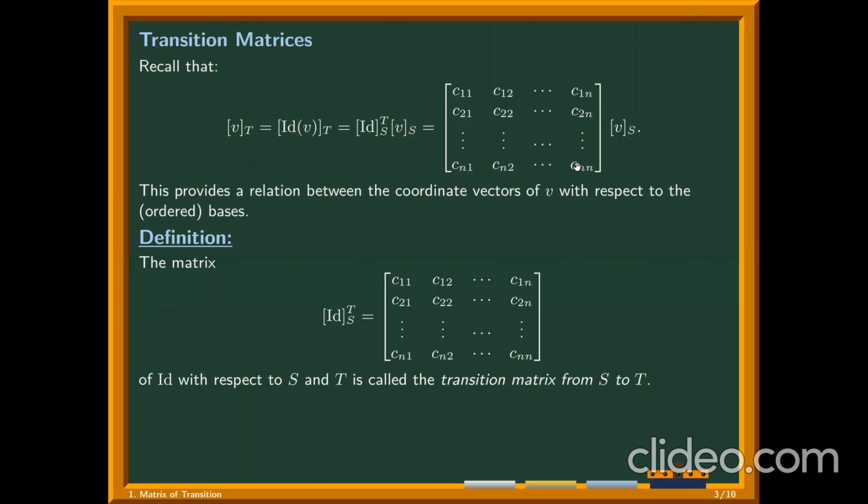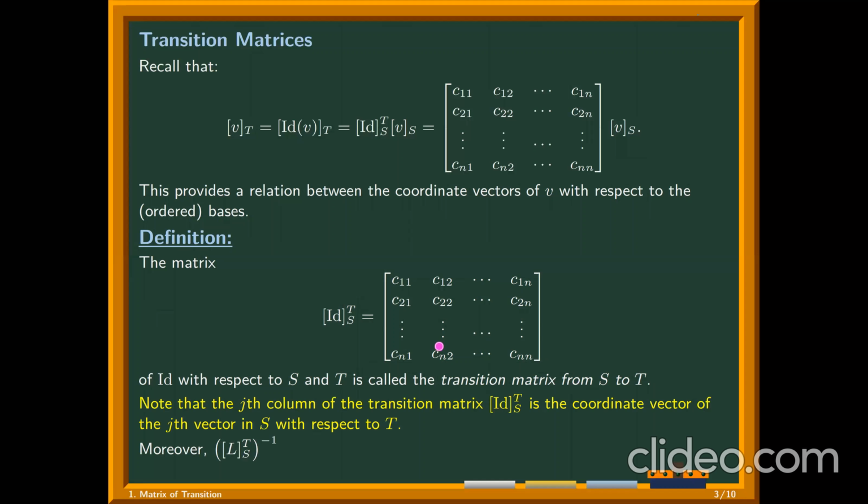So here the n by n matrix, which is the matrix of the identity transformation from S to T, will be called the transition matrix from S to T. So essentially, this is the matrix that we use to transfer vectors in the span of S into vectors in the span of T. We emphasize that in the transition matrix, the jth column is the coordinate vector of the jth vector in S with respect to T.